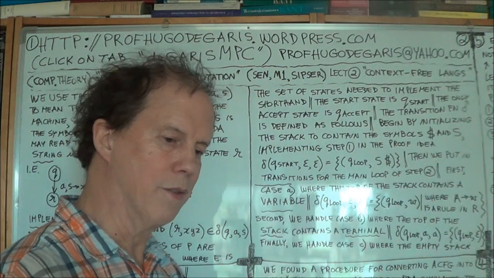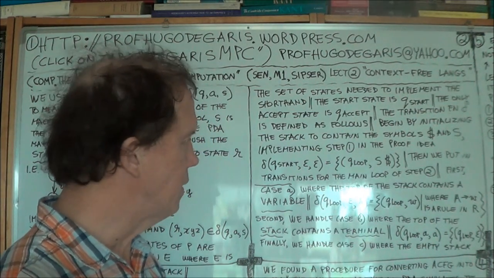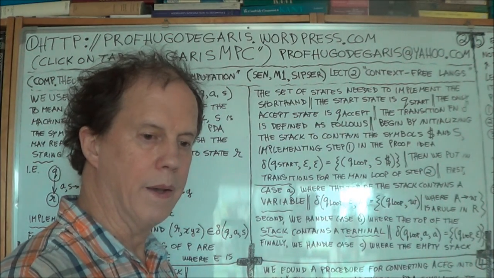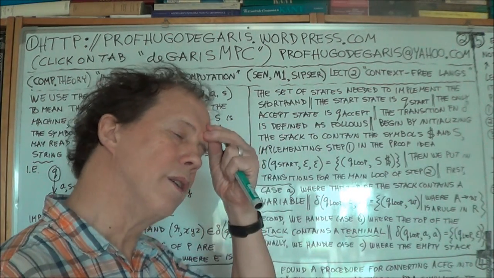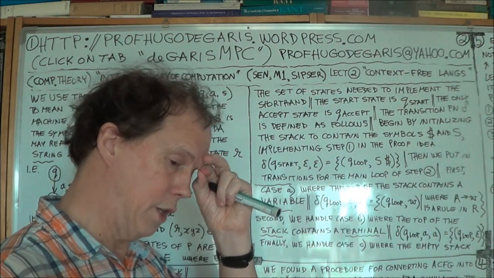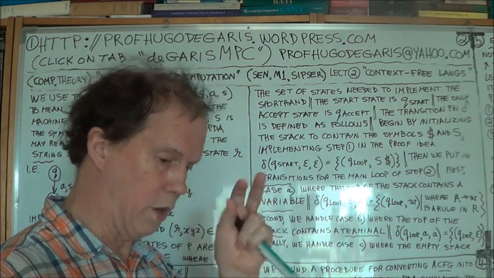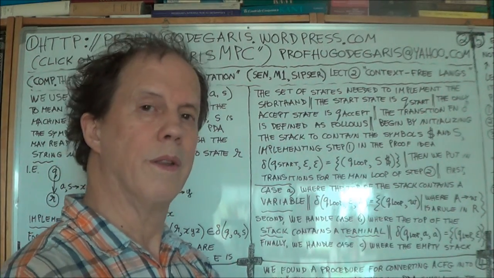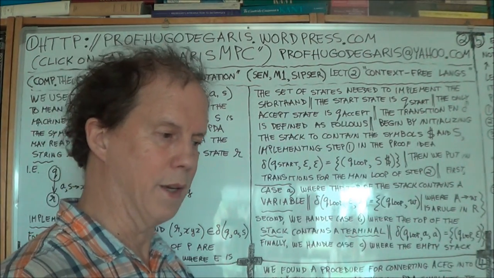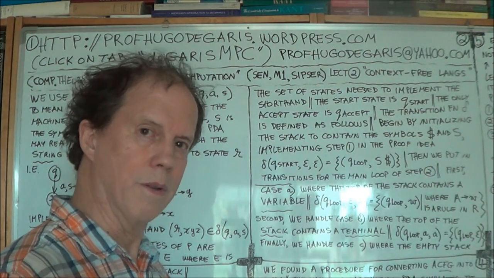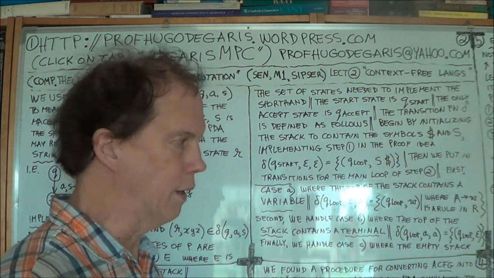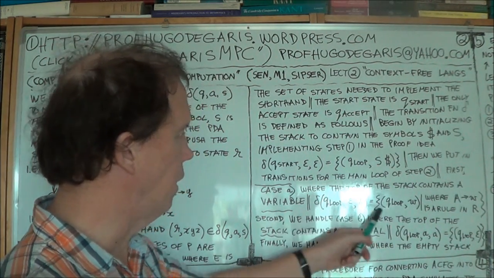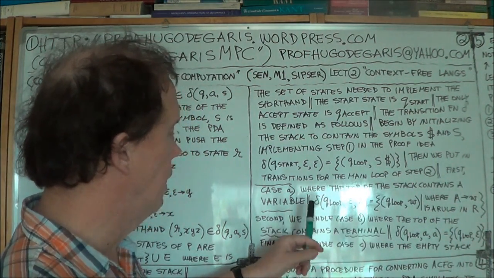So we make copies of the machine, and we put the right hand side of the rule on the stack. We push it for each copy. One rule, one copy of the machine for each rule whose left hand side is equal to the variable on top of the stack. Okay, so here's your transition rule, and see if you can figure out how it works.